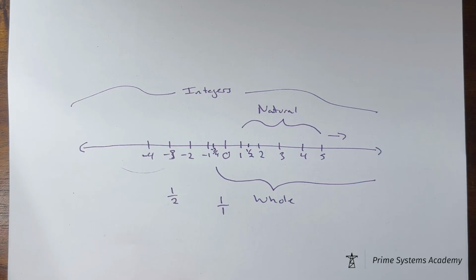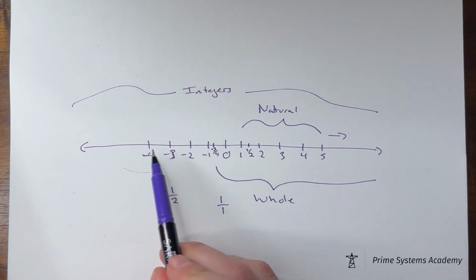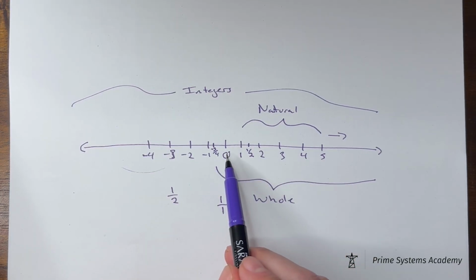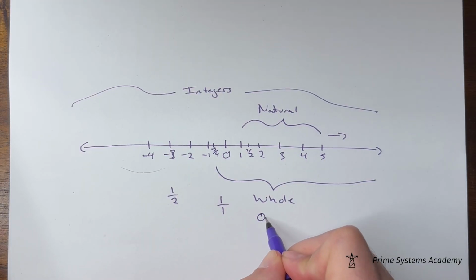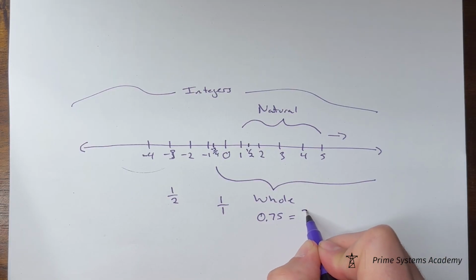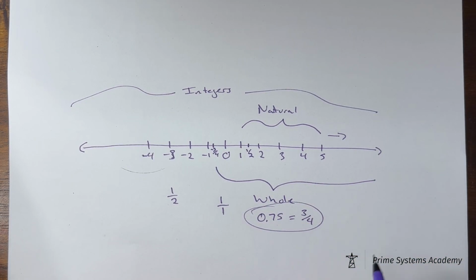And it needs to be written as a fraction where both the top and the bottom parts are integers. So it has to include one of these whole numbers, negative and positive, or 0, in the top or the bottom of the fraction. And rational numbers include all whole numbers and decimals that stop or repeat, like 0.75. So 0.75 is the same as 3/4. So that's a rational number.